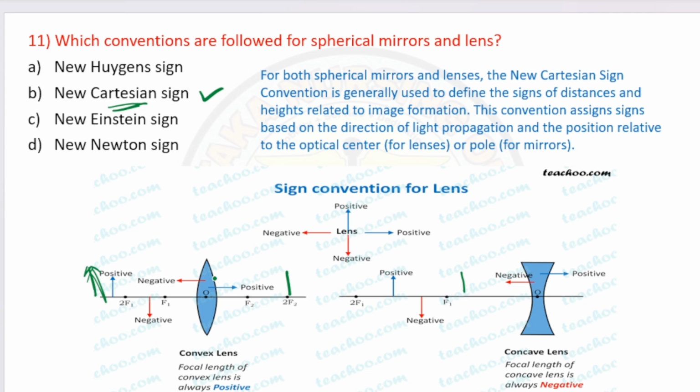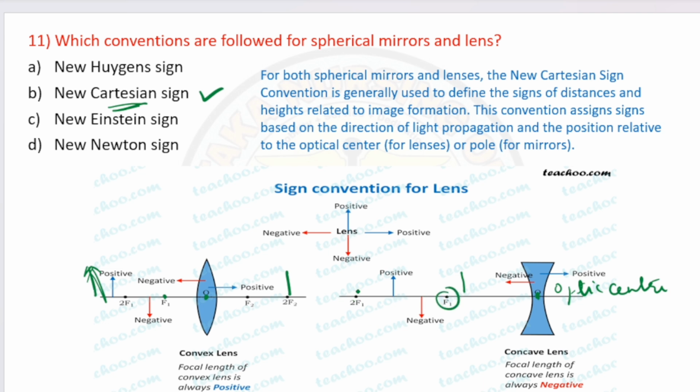Understood? So here the Cartesian sign convention has focal length, focal points and optic center. The middle one is called the optic center. O represents the optic center.